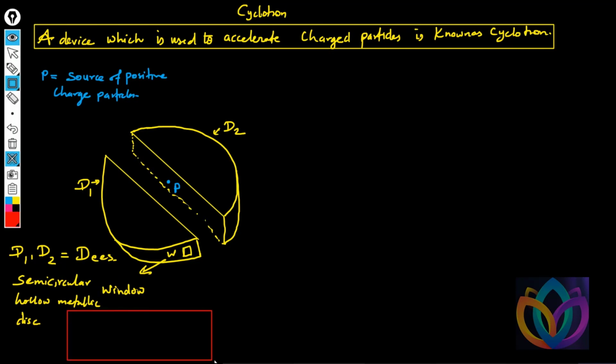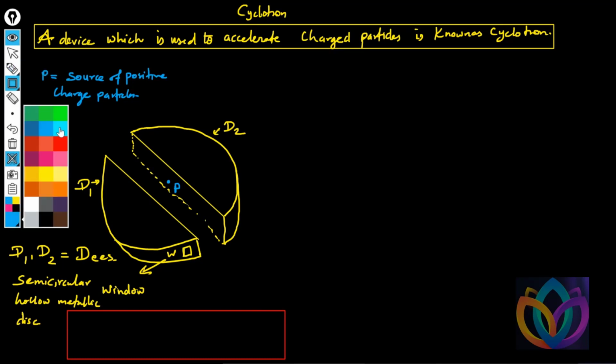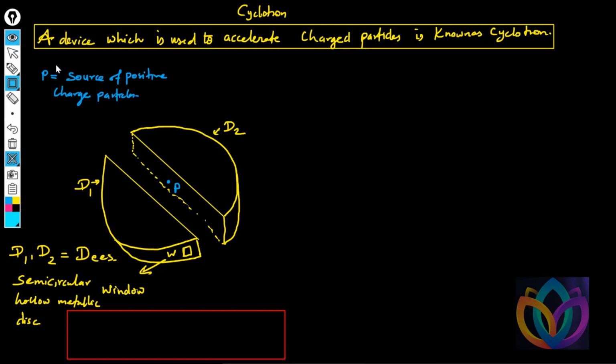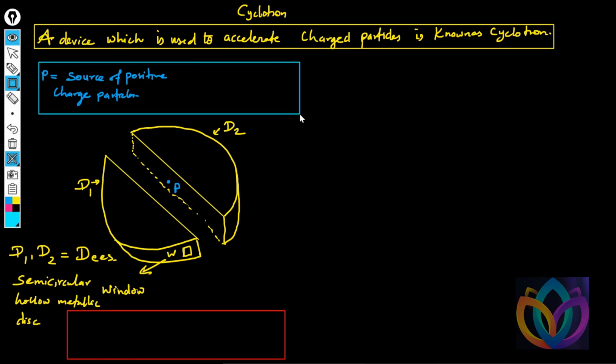Let's say the lower portion is North Pole, and the upper portion is South Pole. Now is the construction part clear?